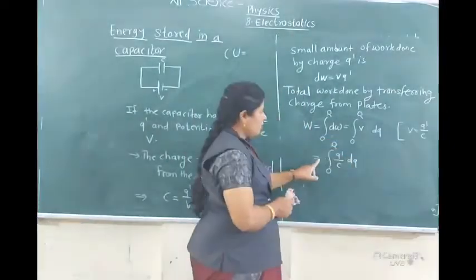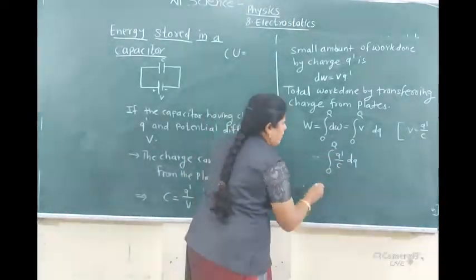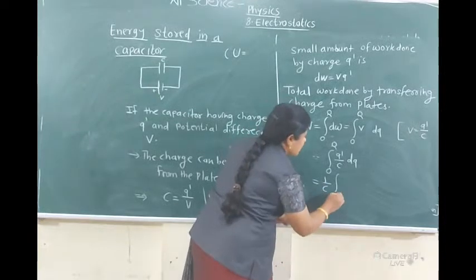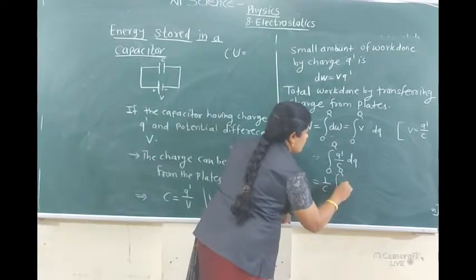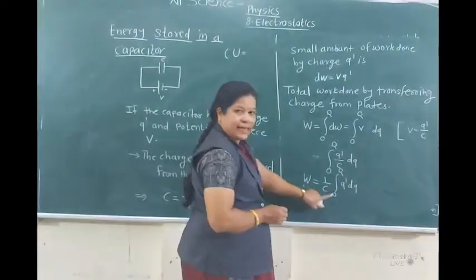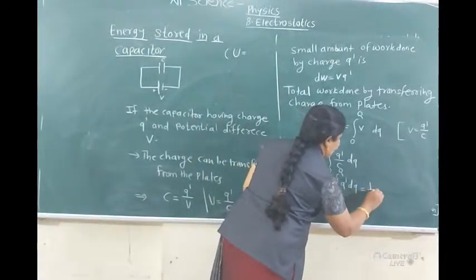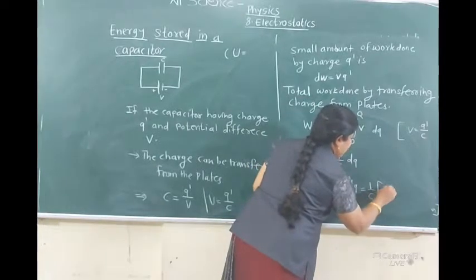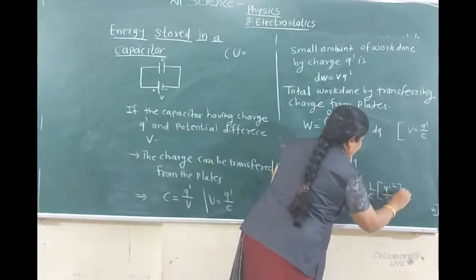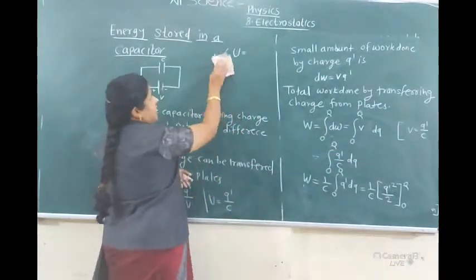W is equal to integral of P into dq, which is equal to integral 0 to Q of Q dash divided by C into dq. 1 upon C is constant, so 1 upon C takes outside, 0 to Q into Q dash dq. Therefore W is equal to 1 upon C integration of 0 to Q of Q dash dq, which is equal to 1 upon C. By solving Q dash dq, we get Q dash square divided by 2, with Q as upper limit and lower limit 0.